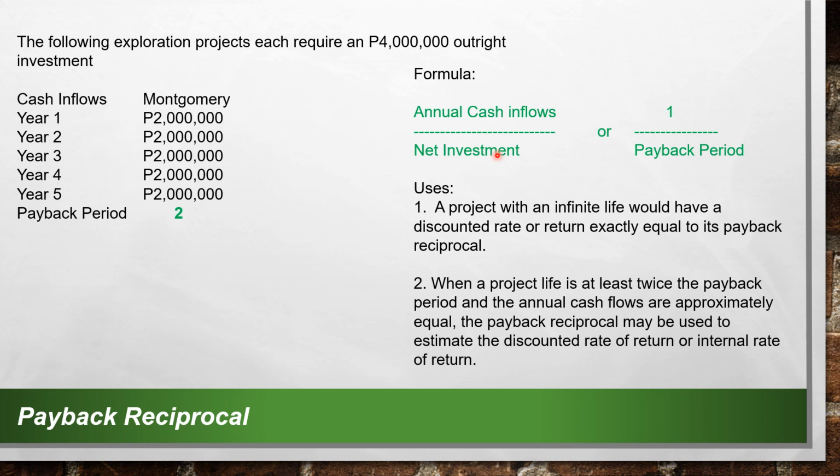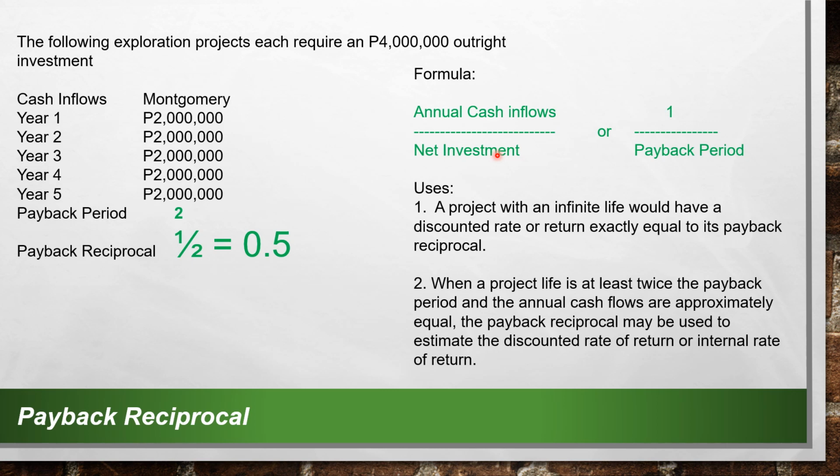Okay, so second, when a project life is at least twice the payback period and the annual cash flows are approximately equal, the payback reciprocal may be used to estimate the discounted rate of return, or the IRR. Okay, so here, our payback reciprocal for Montgomery would be 0.5.